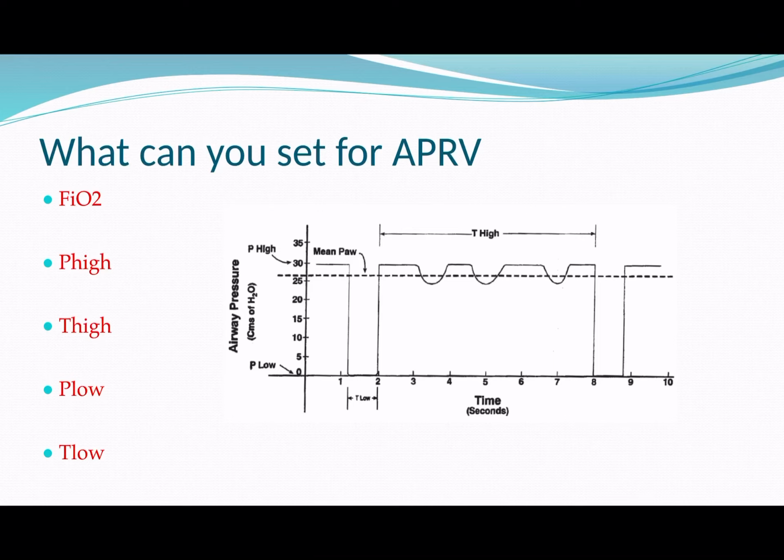So those are the only 5 things that you need to set for APRV. And actually it becomes even more simple than that, because the settings are all pretty much fixed for a patient for a given disease state at a given time.